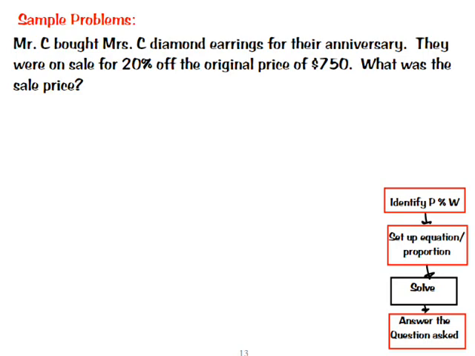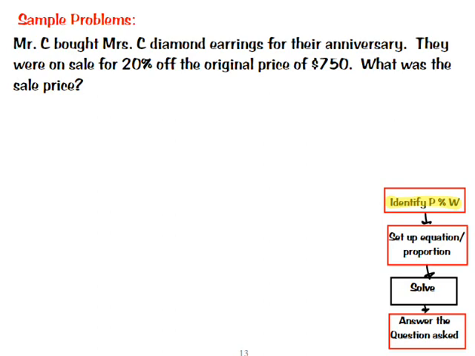Alright, now let's suppose I had the money to buy my wife diamond earrings for our anniversary, and they're on sale for 20% off the original price of $750. What was the sale price after the 20% discount?